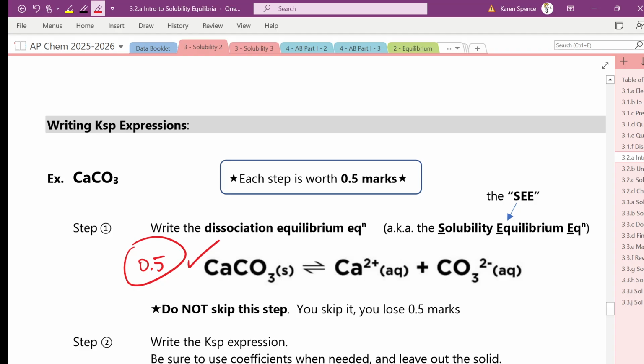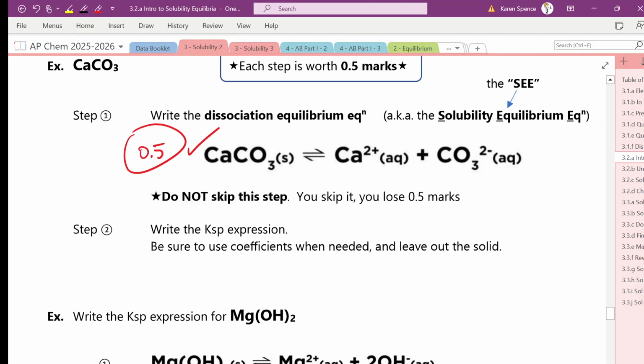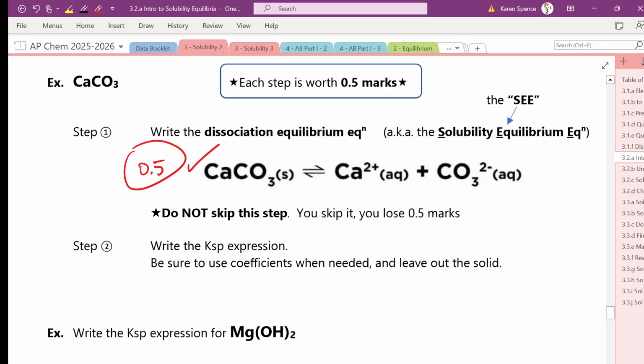Do not skip this step. If you skip it, you lose 0.5 marks. Write the KSP expression. What would the KSP expression be? You need your square brackets, you need your Ca2+, you need your CO3 2-, okay, that's worth 0.5.